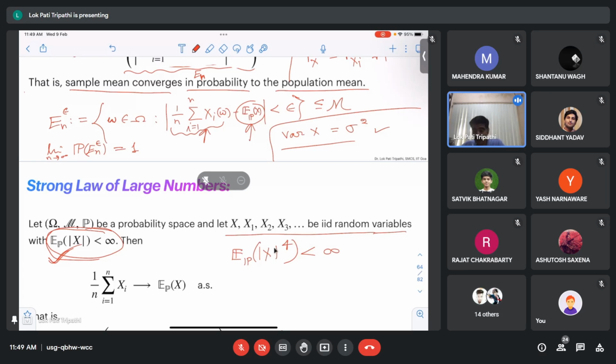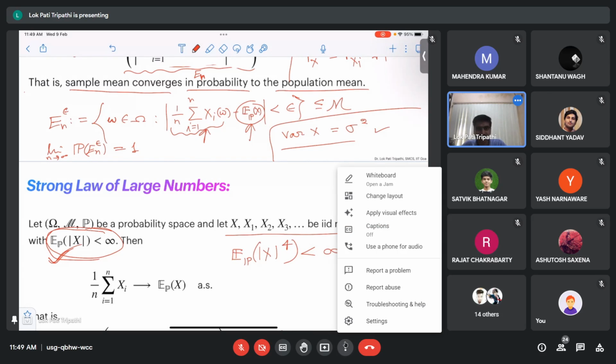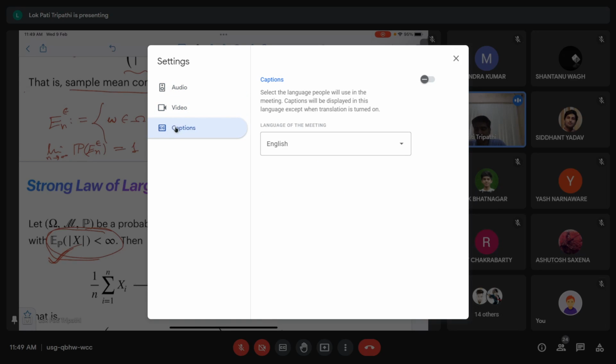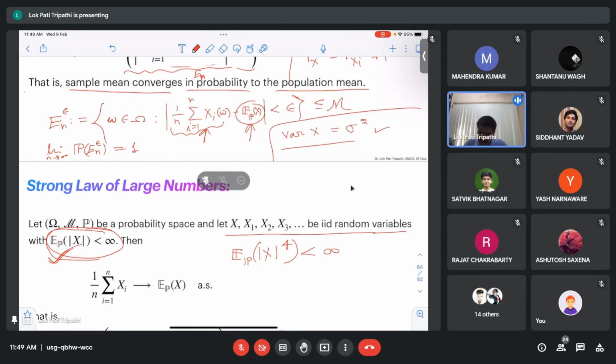Although these are not needed, in that case it will utilize full measure theory, so I don't want to go to that because I have already discussed basic things. If you are interested, you can look at any standard book to prove this result with only the original assumption, without using these stronger assumptions.